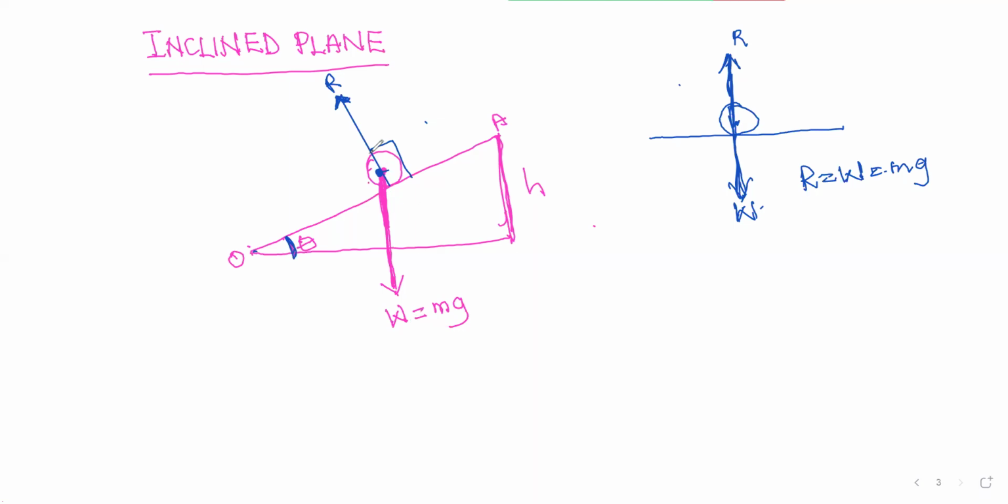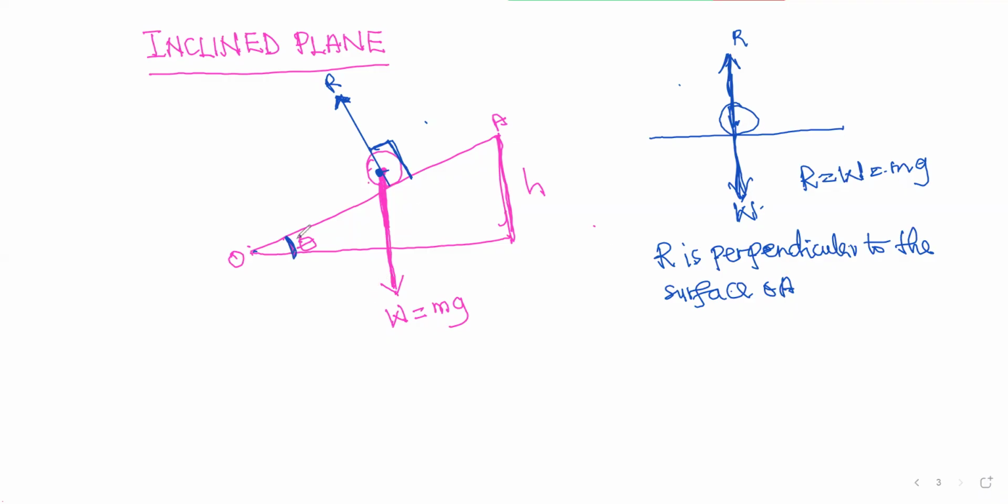So here, this is the reactional force, which must always be perpendicular to the surface. So R is perpendicular to the surface OA. So reactional forces are always perpendicular. That is why we call them normal reaction.